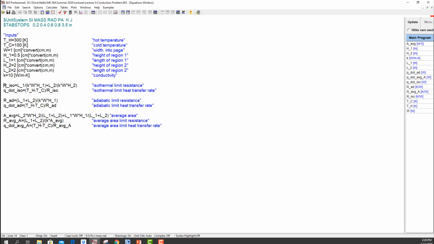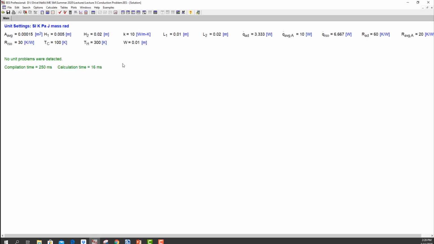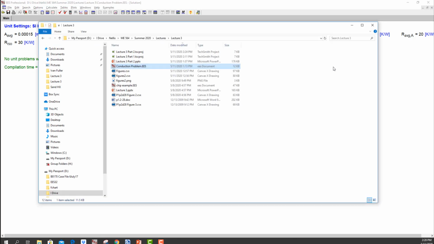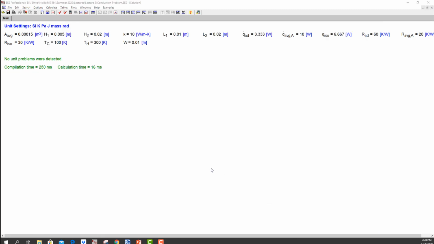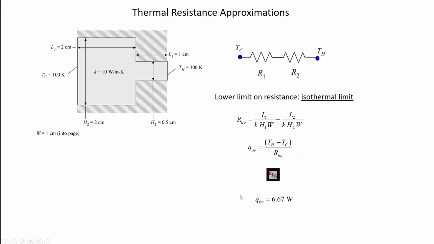So here's my isothermal resistance. This is Q dot isothermal. What I find is that Q dot isothermal is 6.67 watts. So that's the biggest rate of heat transfer I would expect. I'm using the smallest resistance, and I get 6.67 watts. So now let's do the adiabatic limit.